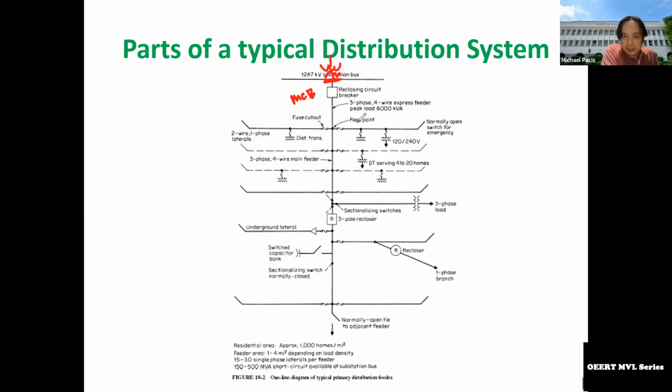And then as you can see, as we move downstream, pababa, may napapansin kayo dito, may mga different circuits. Ang tawag dito, guys, is a section. At ang tawag naman doon sa mga nag-branch out, yung branches, is a lateral. Okay?